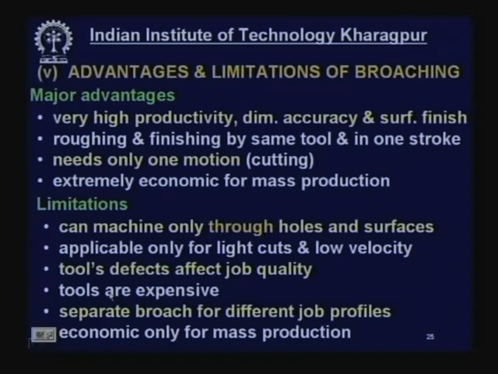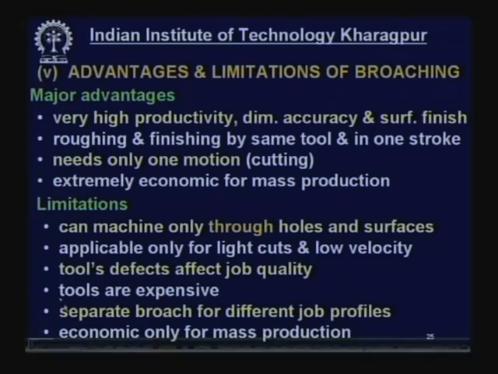Now, friend, you have heard about these favorable qualities, that is productivity, accuracy, finish, and economy, but what are finally the advantages and limitations? In brief, advantages: very high productivity. This has already been discussed. Why is it so?